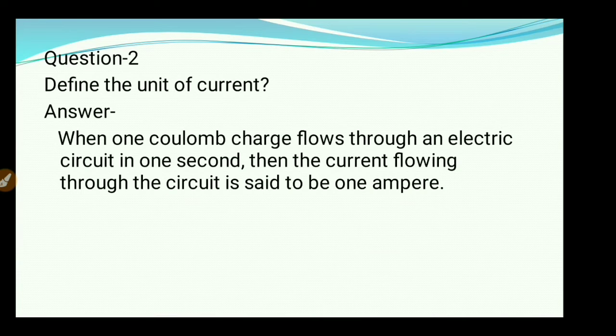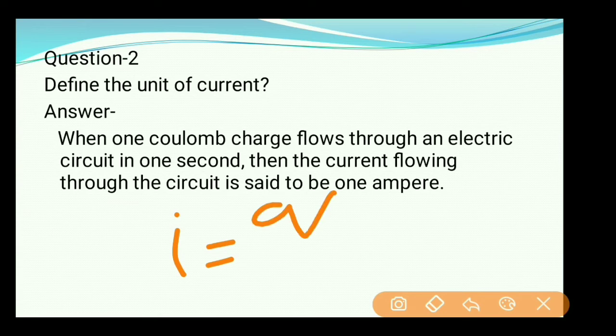Now let us discuss the second question. Define the unit of current. We know the formula I is equal to Q by T, where I is the current flowing through the circuit, and Q is the charge flowing through any cross section of the circuit in the time T. If you express I in ampere, Q in coulomb and T in second, then you can get the definition of 1 ampere.